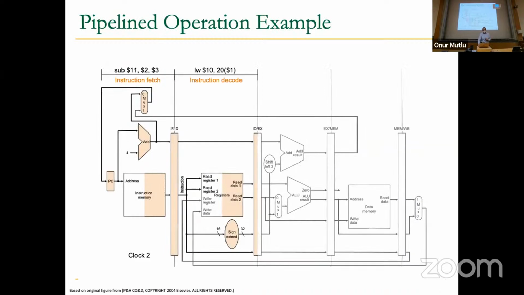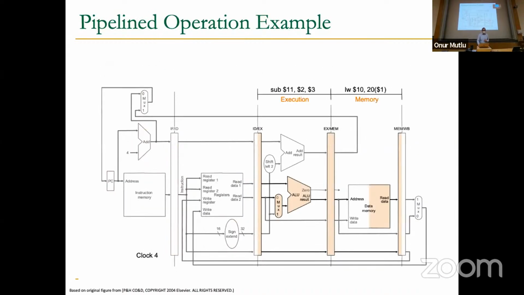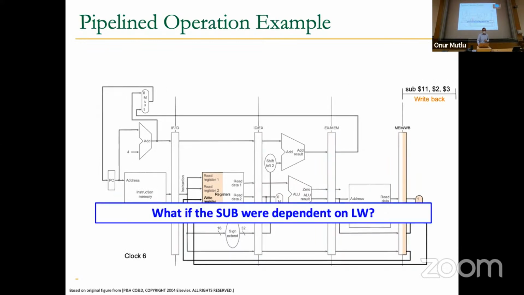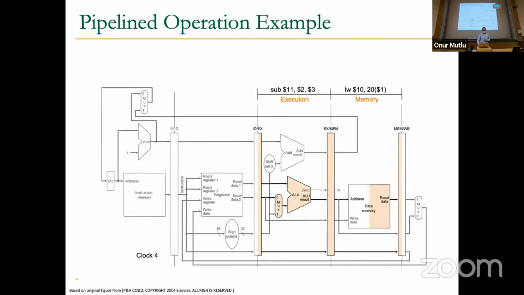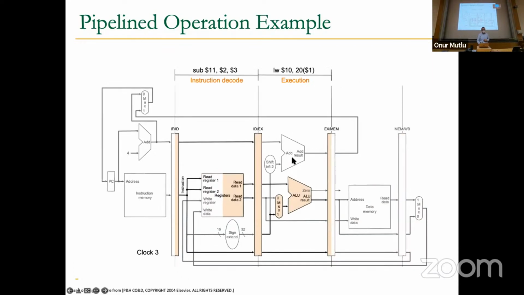Okay, so let's take a look at this. I mean, we've already seen this basically. What if the sub were dependent on load word? Would they be able to flow like this? So load word is executing here. It's calculating its address. Sub is dependent. When load word moves to memory, can sub move over here?